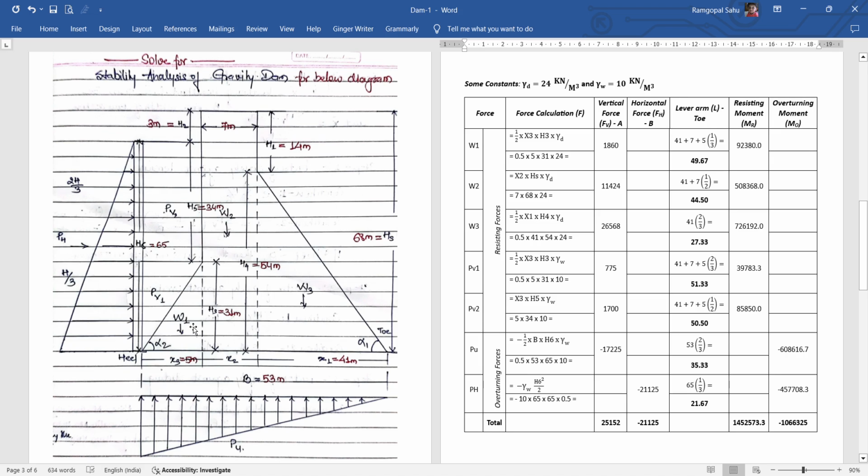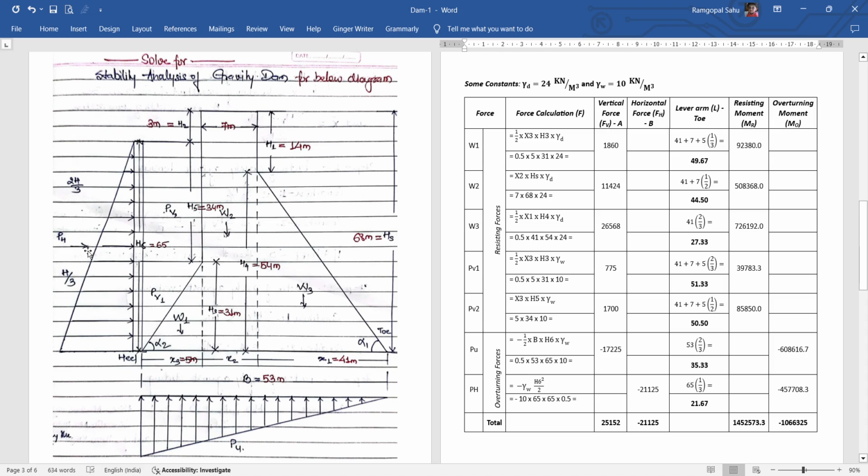So these all are the forces. And one more thing regarding the characteristic of the forces. All those forces that are in the direction of the dam body act as resisting forces, whereas those that act against it, or that make the structure unstable, are called overturning forces.